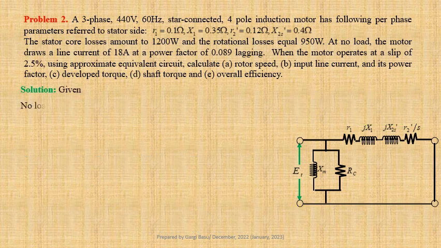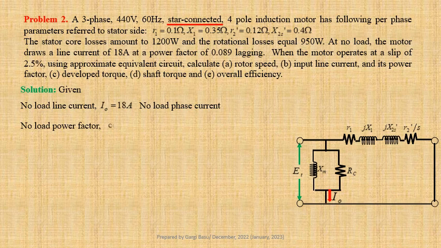Given no load line current I0 equals 18 ampere. For star connected induction motor, no load line current equals no load phase current. Given no load power factor cos phi 0 equals 0.089 lagging.